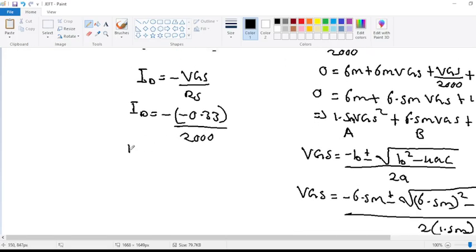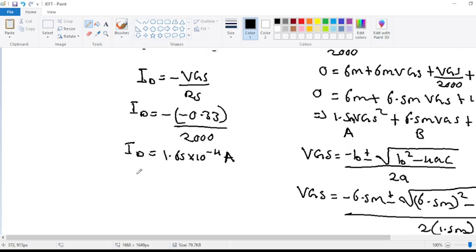So our ID equals, negative becomes a positive, 0.33 divided by 2000. You're going to have 1.65 times 10 raised to the power negative 4 amps, because this is the current.